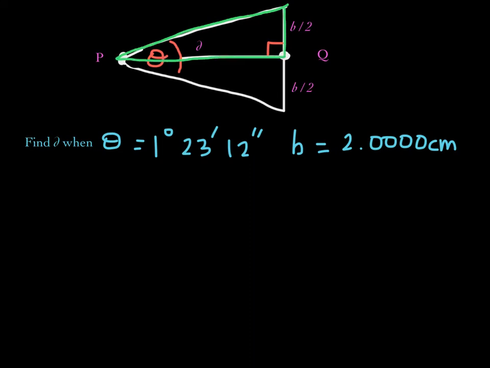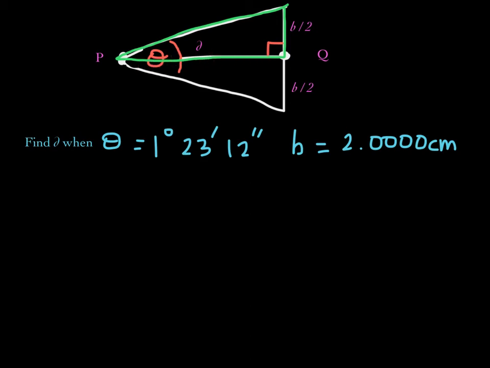So we can't say theta because theta is from here all the way to there. We basically want to say half of theta. So I'm going to use a function of half of theta. And notice that we're talking about the side opposite theta over 2 and the side adjacent to theta over 2. When I say half of theta, I mean theta over 2. This much is theta over 2. So opposite over adjacent, that sounds like tangent.